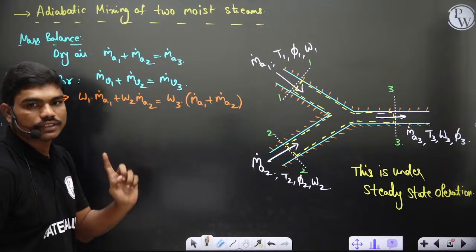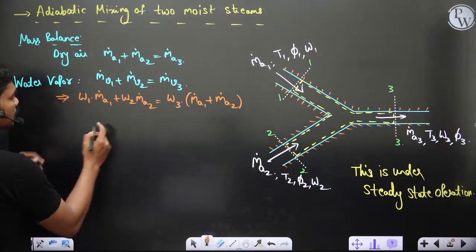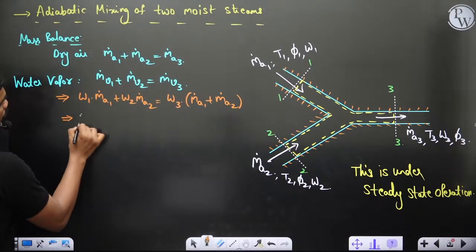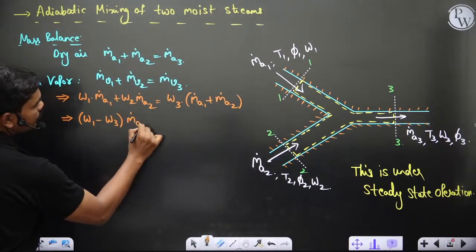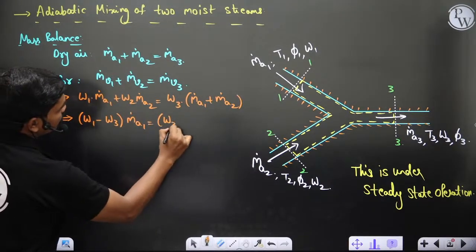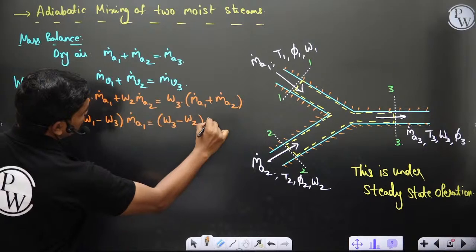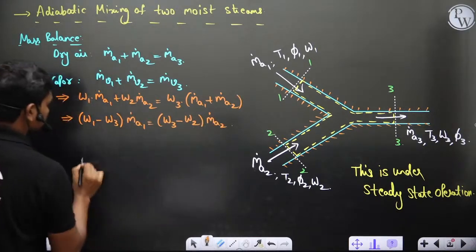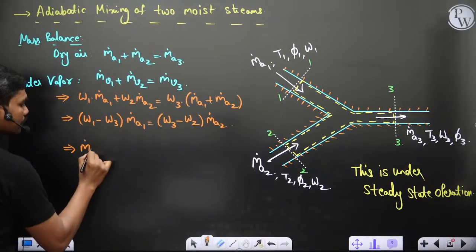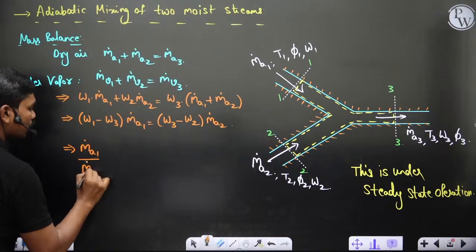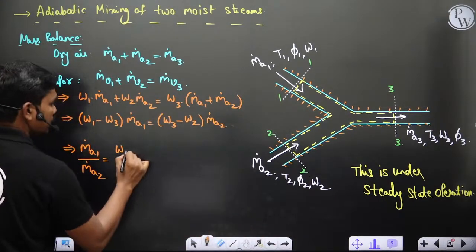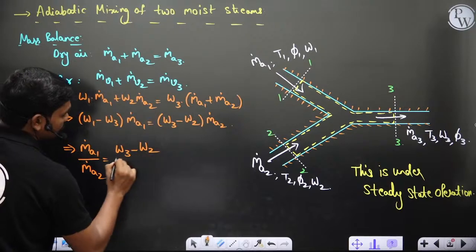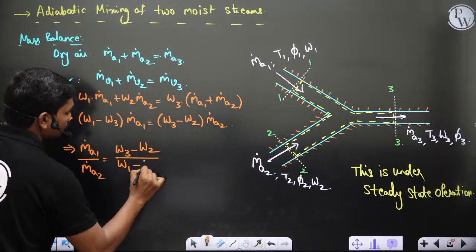Also, if you slightly adjust the terms in this equation, you will see omega 1 minus omega 3 times m dot a1 is equal to omega 3 minus omega 2 times m dot a2. So this tells you m dot a1 by m dot a2 is equal to omega 3 minus omega 2 divided by omega 1 minus omega 3.